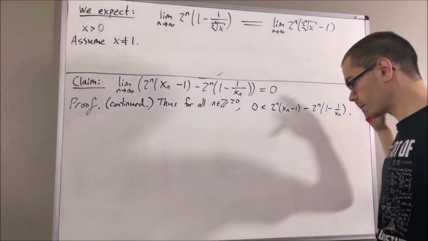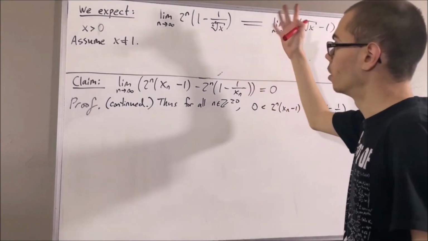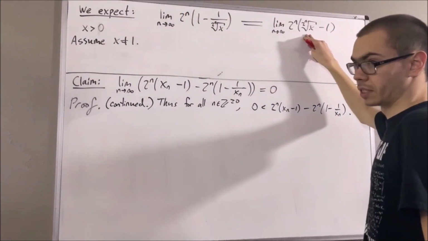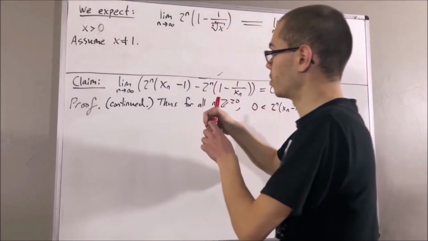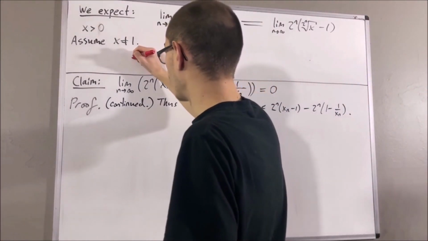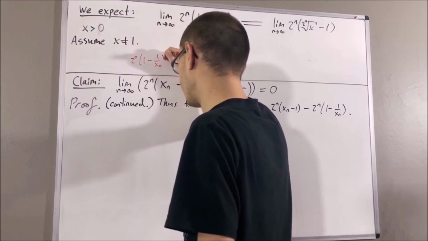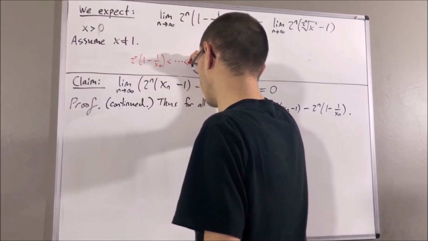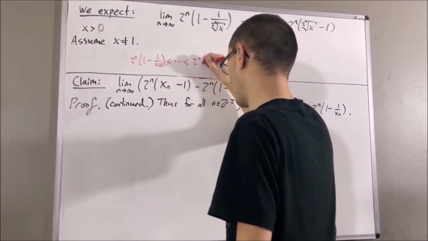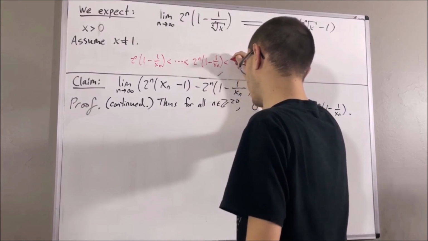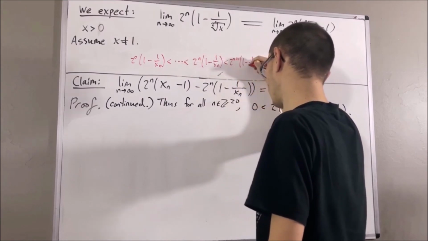So now let's think about what we know so far. We know that this sequence is an increasing sequence, and this sequence is a decreasing sequence. Now, since this sequence is an increasing sequence, let's imagine starting at the n equals 0 term, which is just this. As you can imagine, we keep going until we reach the nth term, whenever that is. And then after that, we have the n plus 1th term.